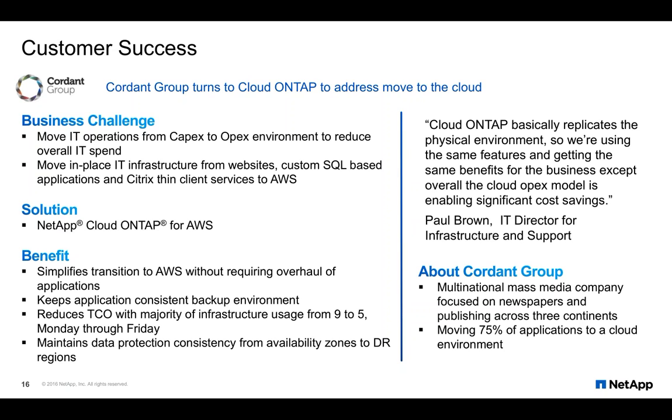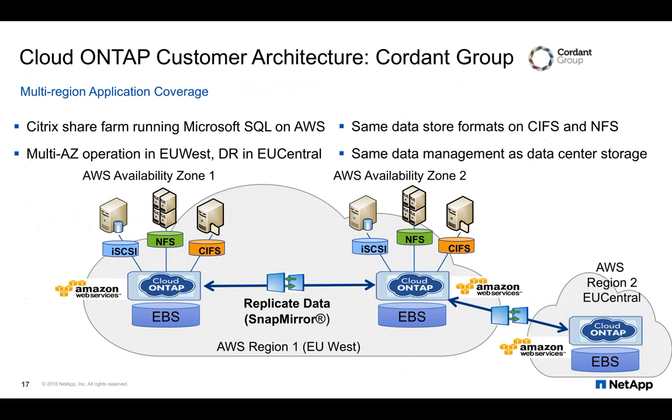That way they were able to reduce headache and reduce the total cost of ownership, accommodating both their consolidation and their migration to the cloud, and use the same people to manage both their on-premises and their cloud-based resources. They're extremely happy with how well things worked. A little bit about their architecture.